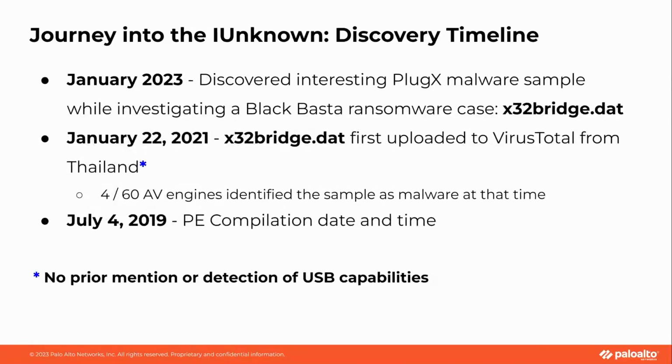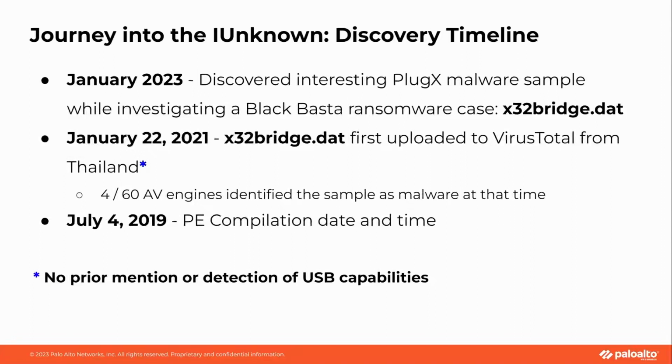So then we turn to one of our favorite tools, that being VirusTotal, to give us any historical information. Do they know about this file? Turns out VirusTotal had a copy of it in 2021. It was uploaded from somebody in Thailand. At that time, only 4 of the 60 AV engines said it's malware. When you peel back that DAT file, like I said, it's nothing more than an in-memory DLL.